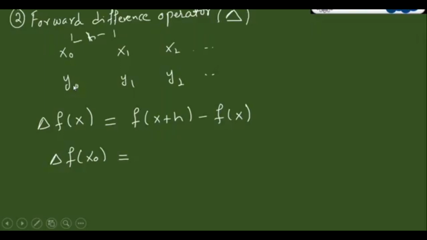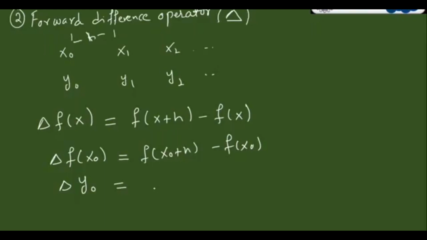So we will get f of x naught plus h minus f of x naught, which means del of y naught, the forward difference operator applied at y naught, is equal to y1 minus y naught. Simple.